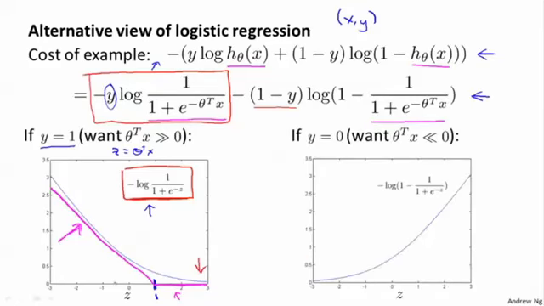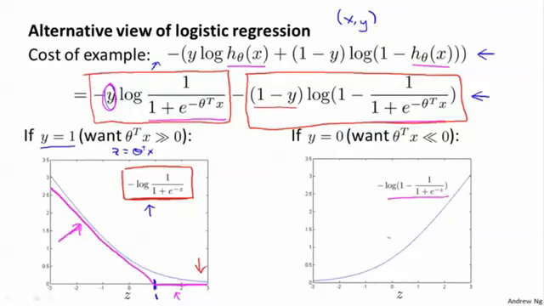We just talked about the case of y equals 1. The other case is if y is equal to 0. In that case, if you look at the cost, then only this second term will apply, because the first term goes away, right? If y is equal to 0, then you have a 0 here, so you're left only with the second term in the expression above. And so the contribution to the cost function is going to be given by this term over here.